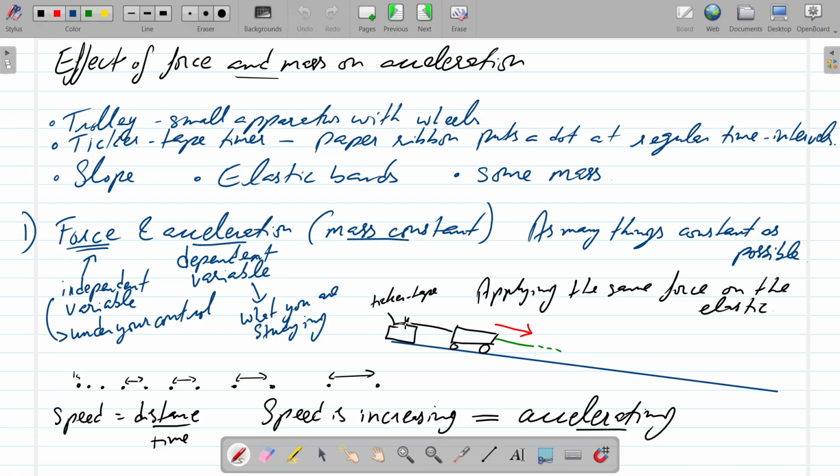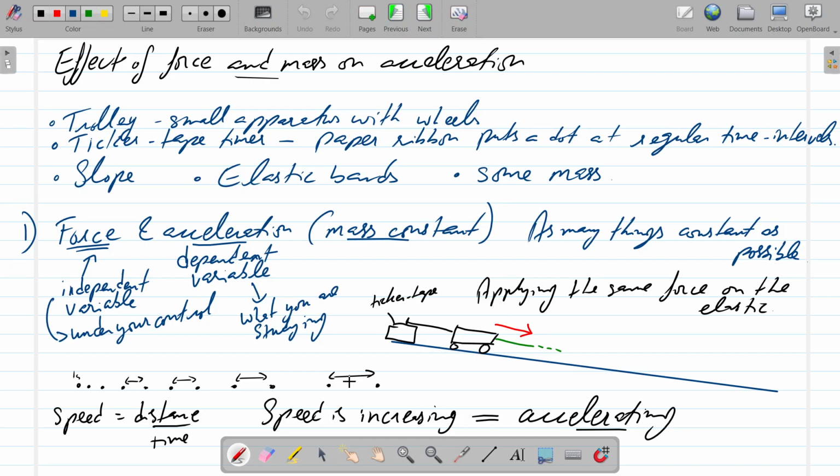As you are moving the paper through the ticker tape timer, the time difference between each dot is the same. So these dots that are close together are all after 1 second. The dots getting further apart are still after 1 second. So the distance between the dots is increasing. That means the paper is moving through the timer more quickly each second.